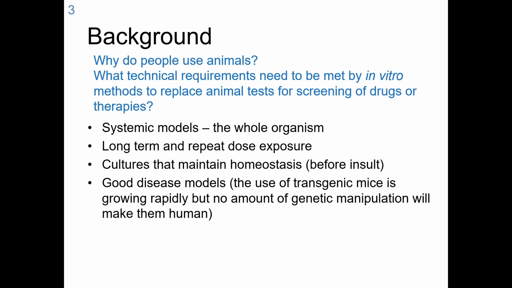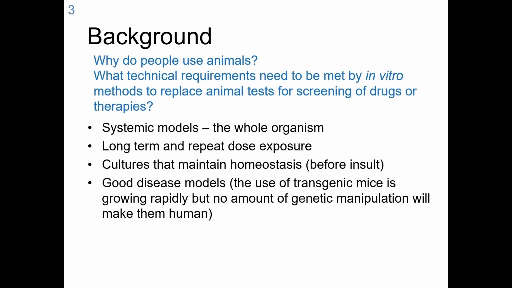The other thing about animals is that you can run experiments over long periods, and some animal tests actually go on for 90 days, which is much longer than general in vitro tests. And if you feed the animals properly and look after them, they maintain homeostasis, and before you start giving them some toxic chemical, at least they are healthy.